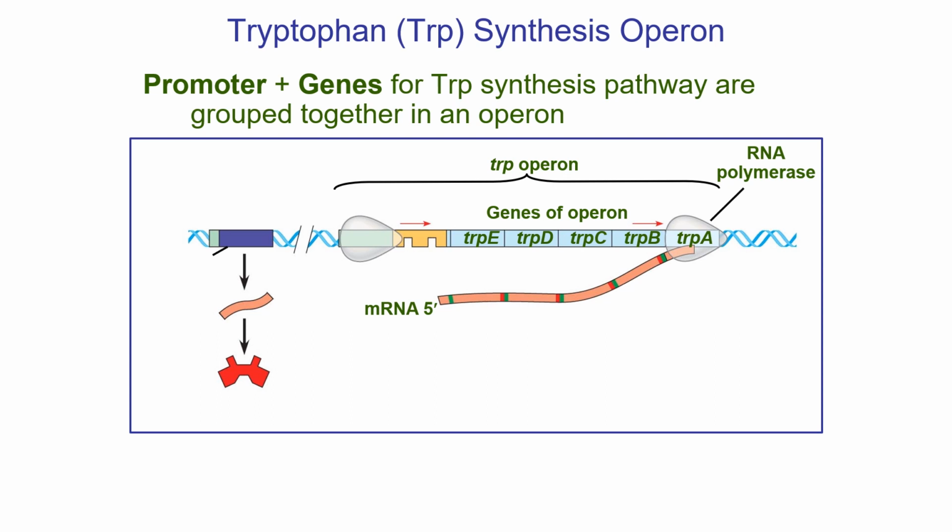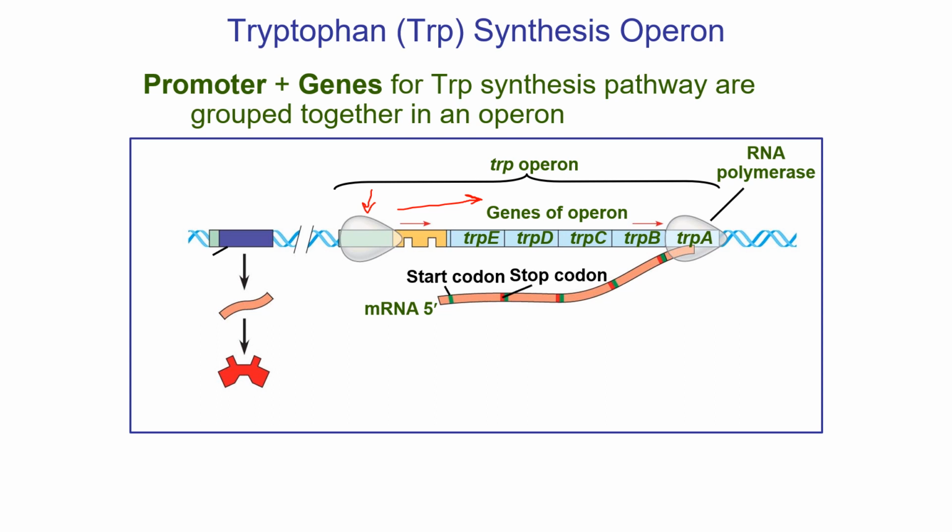So what will happen is RNA polymerase, that's this egg-shaped thing right here, will bind at the promoter, and then it's going to run along and it's going to transcribe that into one great big long messenger RNA.